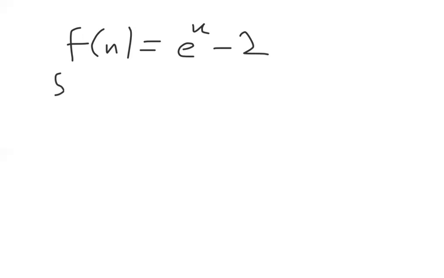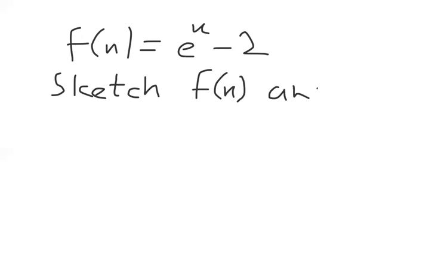So for example, if we had a question that f(x) equals e to the power x minus 2, and we have to sketch f(x), and hence sketch f inverse x.